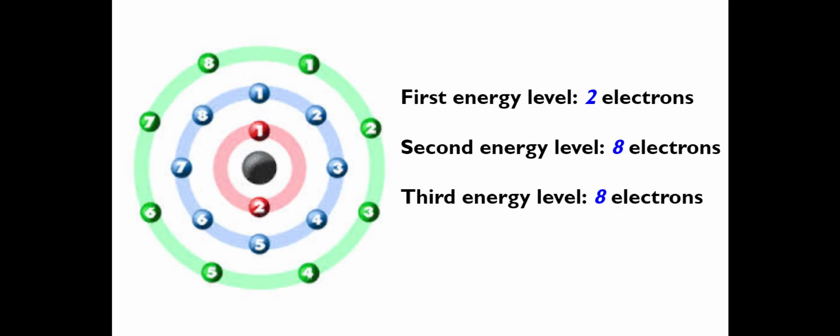And again, people prefer to park here. When it's full, you have to go to the third energy level. The third floor only has 8 parking lots too. So first, go to the lowest energy level. When it's full, you go to the second one. When it's full, you go to the third one. And there's 2, 8, 8.